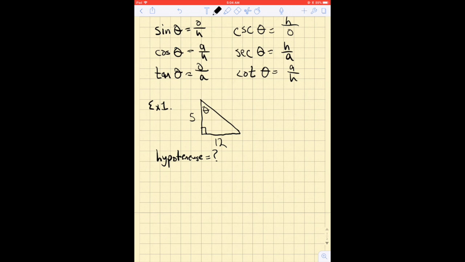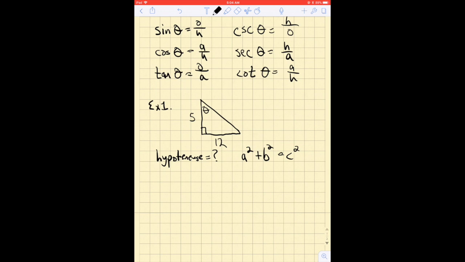Well, the hypotenuse is given by the Pythagorean theorem, which states that a squared plus b squared is equal to c squared. In this equation, you have to know where the hypotenuse is.